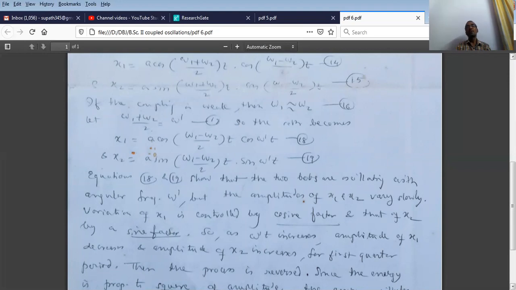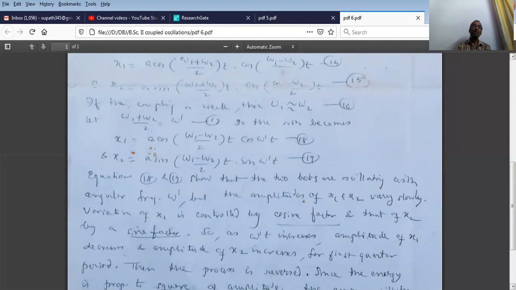This is equation number 19. Equations 18 and 19 show that the two bobs are oscillating with angular frequency omega dash, but the amplitudes of x1 and x2 vary slowly.